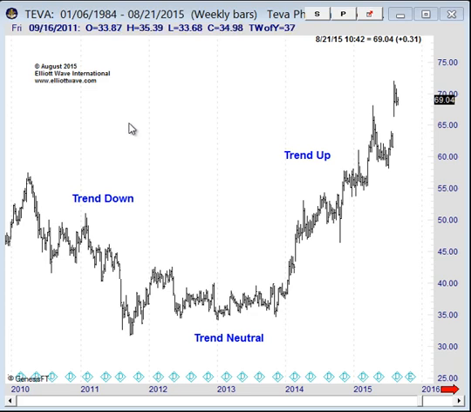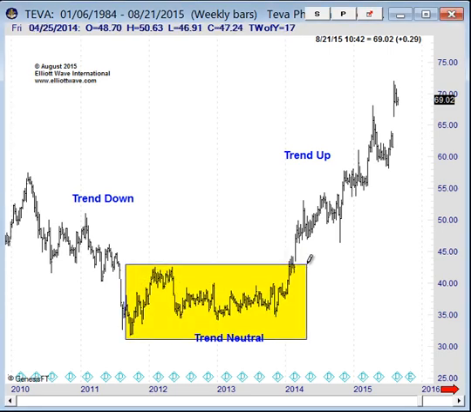This is a good chart here because on the weekly chart level, we can see that in 2010 down to 2011, the trend was clearly down. Between 2012 and 2013, notice the prices moved sideways. We really didn't see any sizable advances. We also didn't see any sizable declines. And the whole movement here is really contained within a very definable trading range.